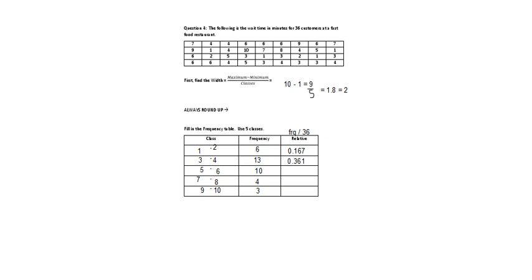Then 10 divided by 36, that's actually equal to 0.278. Then 4 divided by 36, that's 0.111. And finally, 3 divided by 36 is 0.083.